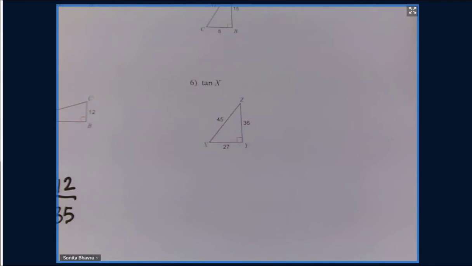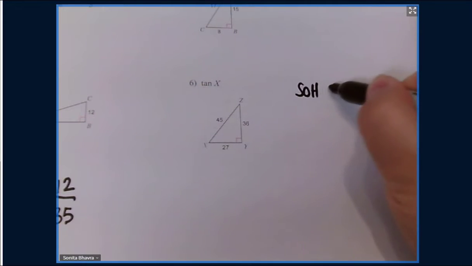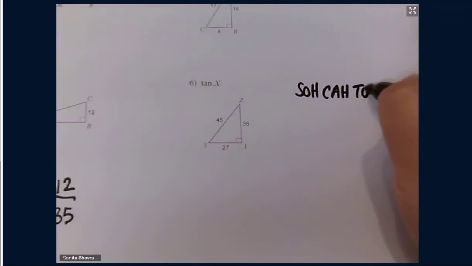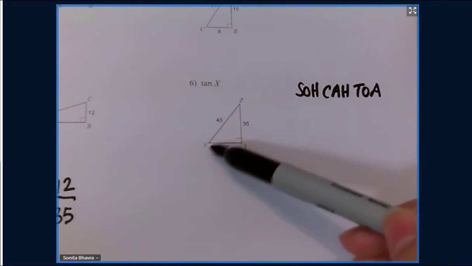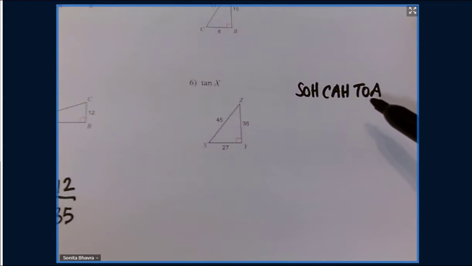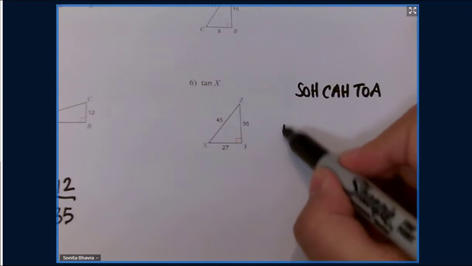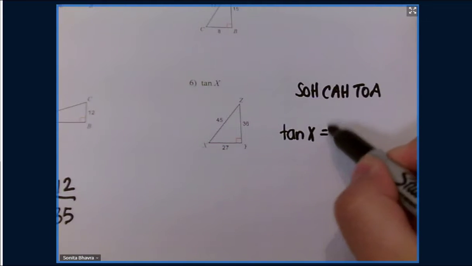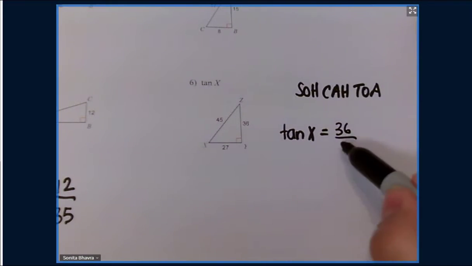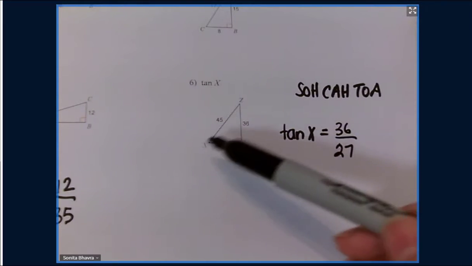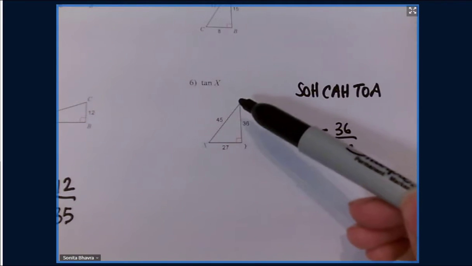Okay, so here we're looking for tan of x. I'm going to write the SOHCAHTOA here again. All right, so our tan of x, our x is here, and we're looking at opposite over adjacent. So tan of x is opposite, which is 36. Adjacent is 27. Remember you're not using the 45 because that's the hypotenuse.